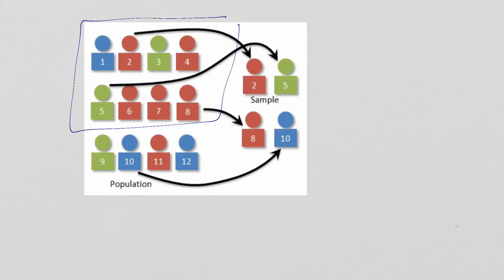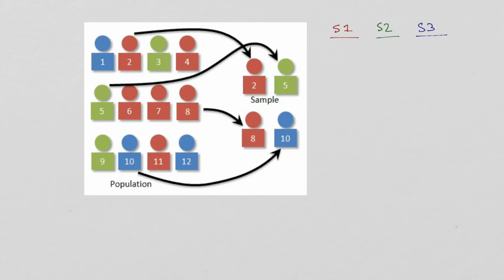In this case, let me undo that. We actually have 3 strata. We have a red strata, strata 1. We have a green strata, strata 2, and a blue strata, strata 3. And what we want is we want to pull out 2 people from strata 1, and then 1 person from strata 2, and 1 person from strata 3.